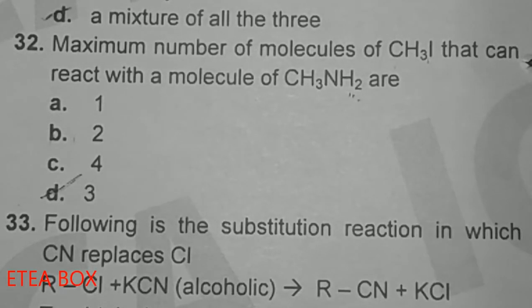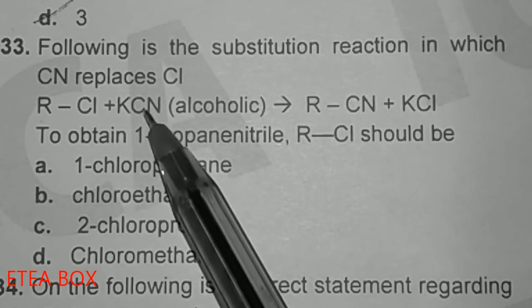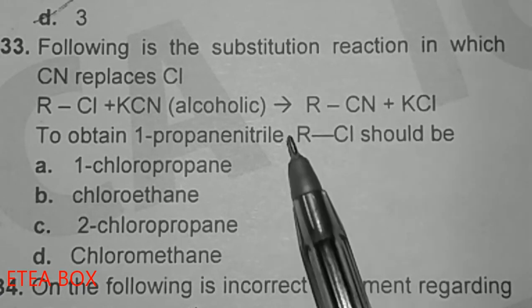Option D is correct. Following is the substitution reaction in which CN replaces the Cl. Look, RCl is here and KCN. This CN has replaced the chlorine and it makes KCl and RCN.